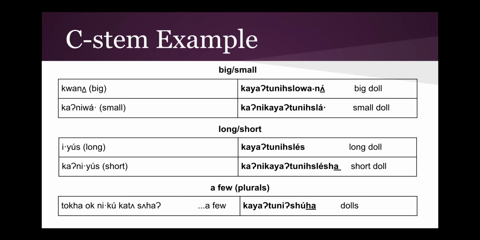To be honest, the joiner is there for pronunciation. It's a sound rule in our language. Some nouns, when they're incorporated, need the joiner because of the way the sounds need to go together.